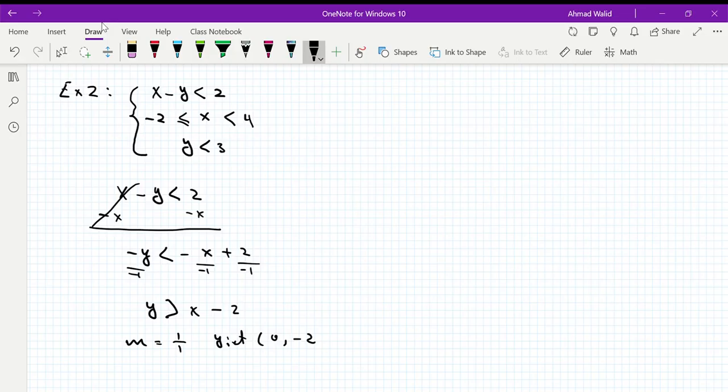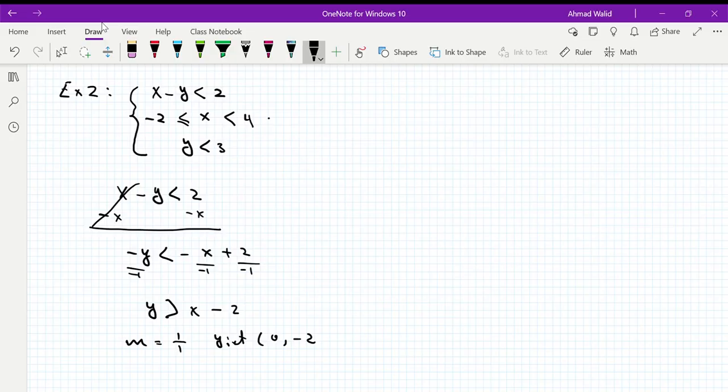Inequality number 2 is limited on both sides. x can be greater than or equal to -2, less than what? Less than 4. Correct? It's limited. And inequality number 3 is a horizontal line.